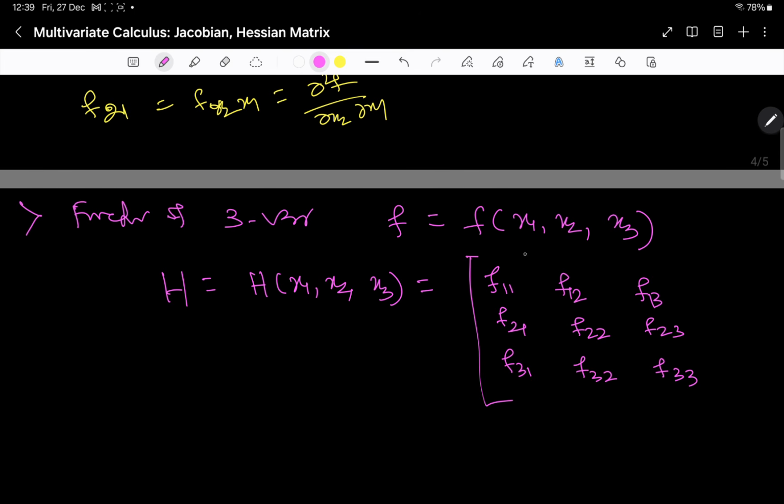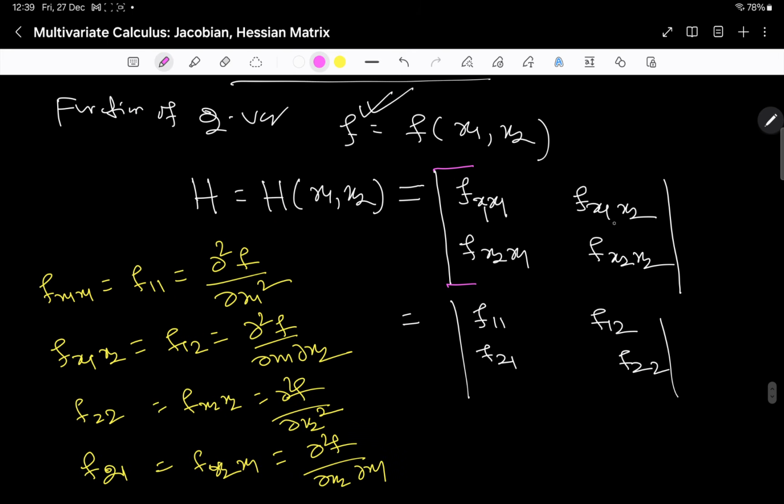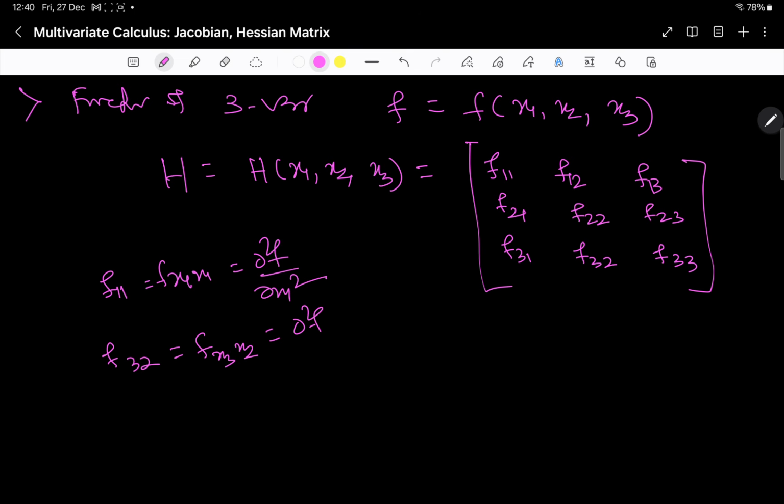This is the Hessian matrix. It is a matrix, not the determinant. Similarly, if I ask you what is f11, it is f x1 x1, which is del square f by del x1 square. If I ask you what is f32, it is f x3 x2, which is del square f by del x3 del x2.